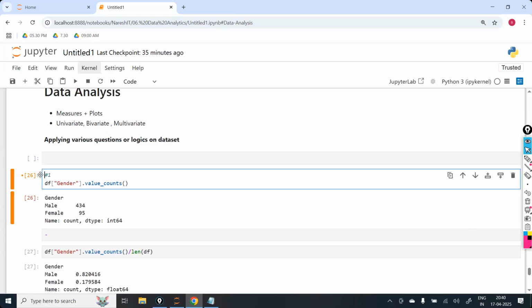Now I'm going to see which student has more observations. A student who has more observations is first rank. The number of observations is counted.